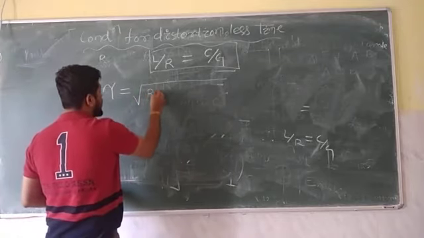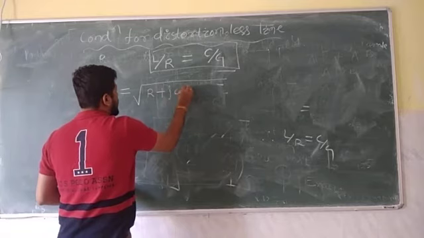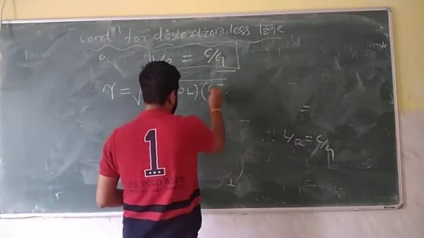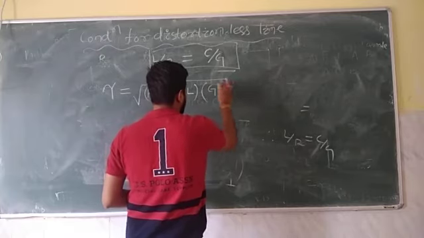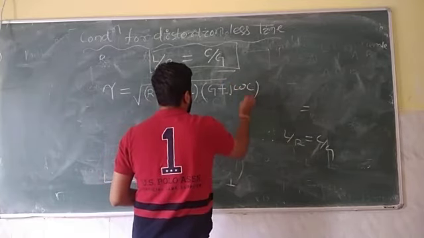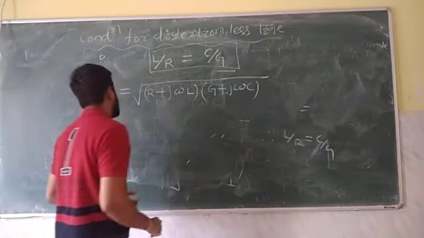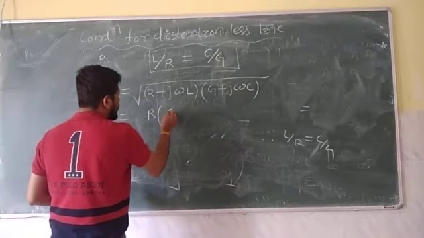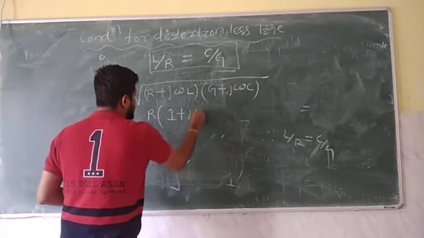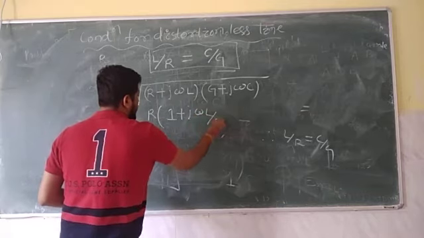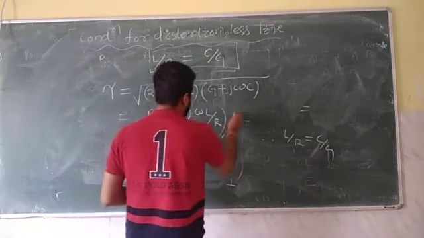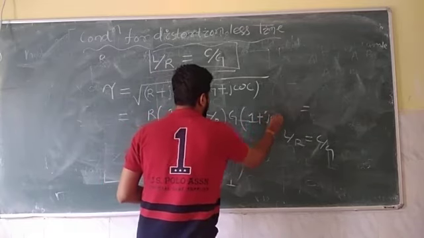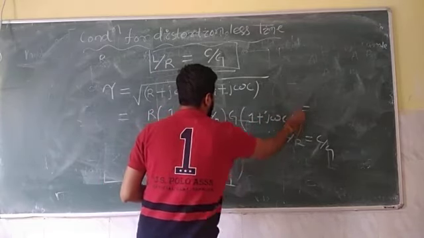Generalized formula is root over R plus J omega L whole into G plus J omega C. So take R as a common: 1 plus J omega L by R. Here G as a common: 1 plus J omega C by G, root over.